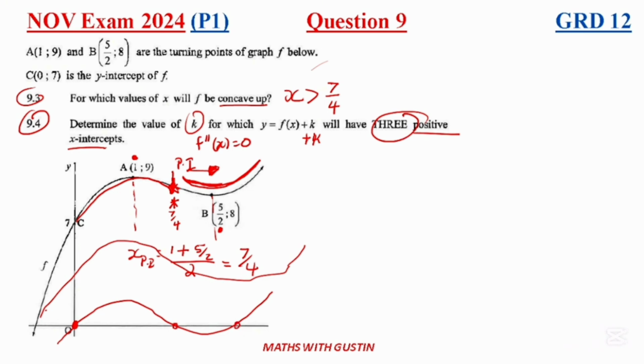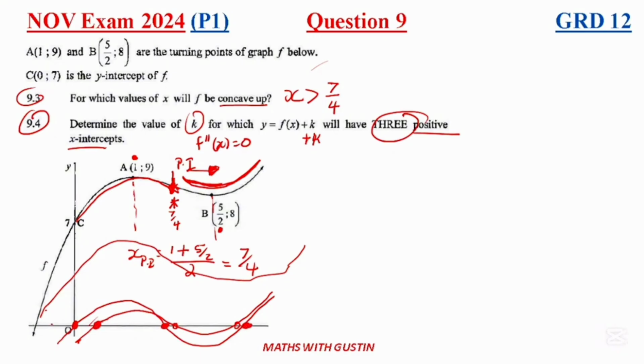Okay, so even if we try to move it a little bit lower, it's gonna touch there, and then also touch again here, and therefore touch again there. So you are looking for 3 positive. Okay, 0 cannot be positive, so they said positive, so we are looking for these 3 points here.